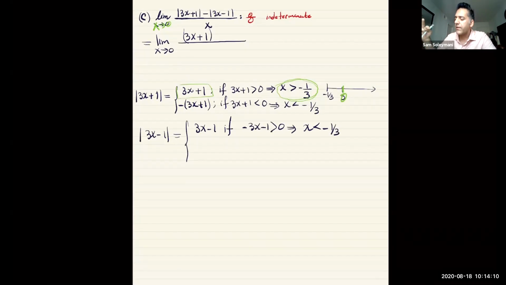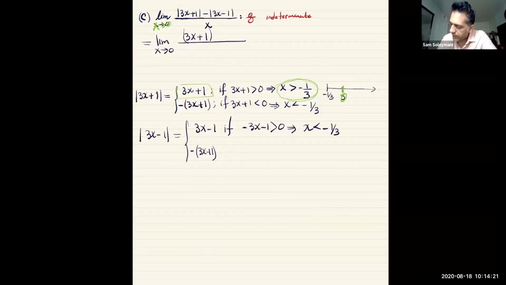Divide by negative 3, the sign switches. And it's the negative of 3x minus 1 if 3x minus 1 is negative.